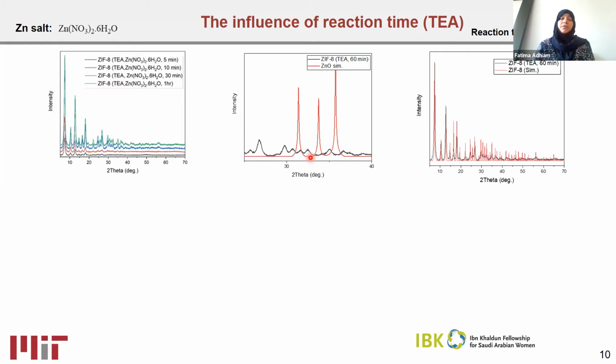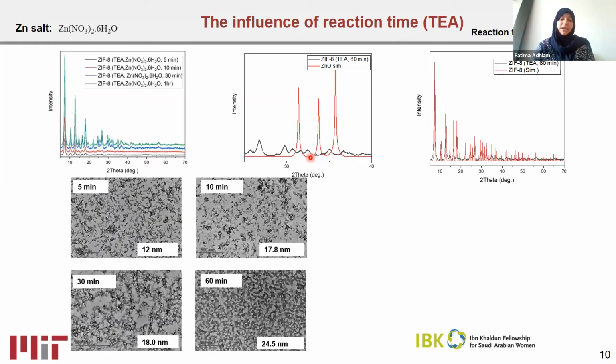However, all of the reflections obtained from the simulated ZIF material perfectly match the reflections obtained from the resulting material, confirming the purity of the material and that it is pure ZIF-8.